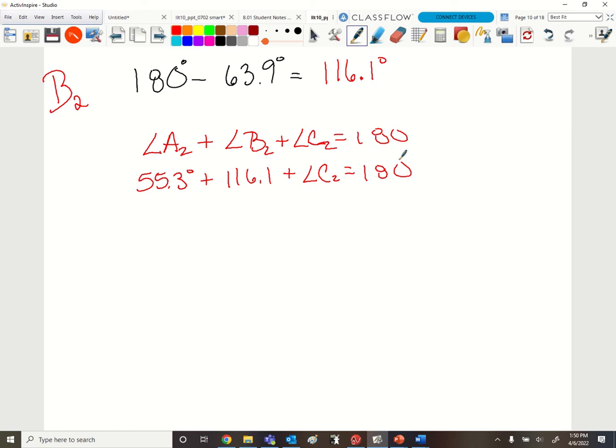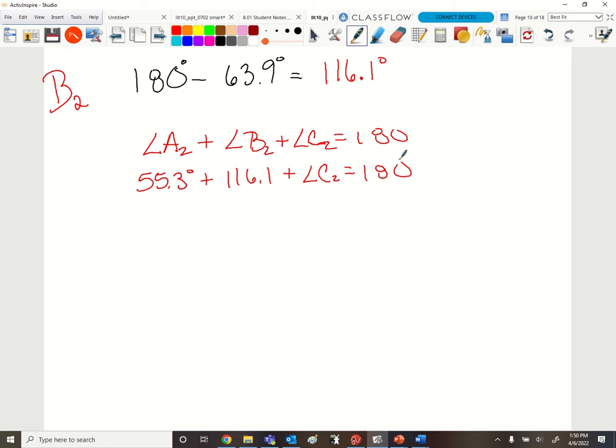We did 180 minus. Yes, that's because it's ambiguous. That's B2. Whenever I have an ambiguous case, like we do here, you test it like this. Whatever angle I get first when finding the angle, I take 180 minus that angle.